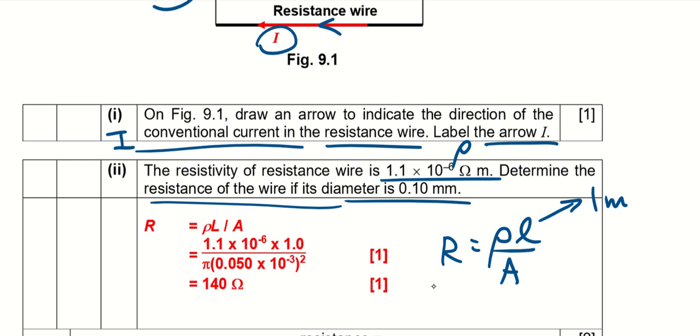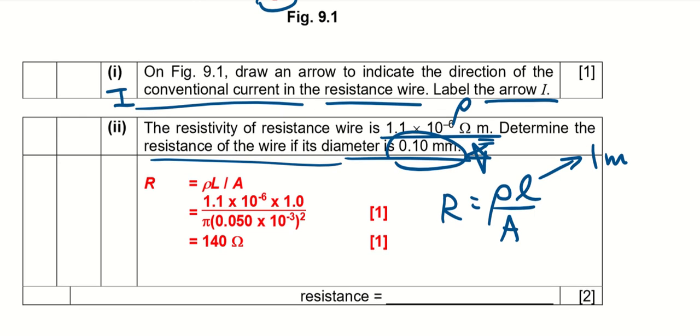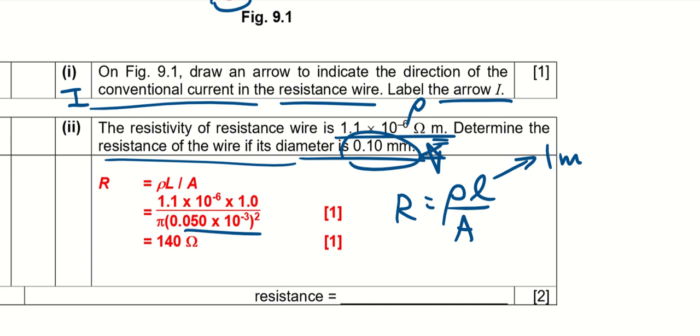But the diameter is 0.10 mm. So this is a trick here. Look at the resistivity. It is ohm meter. So basically your 0.10 mm is not in the same kind of units as the length and also resistivity. Therefore, you have to change your diameter to meters. So 0.10 mm, I hope you know how to change. From prefix to no prefix, you have to multiply by the value of the prefix.